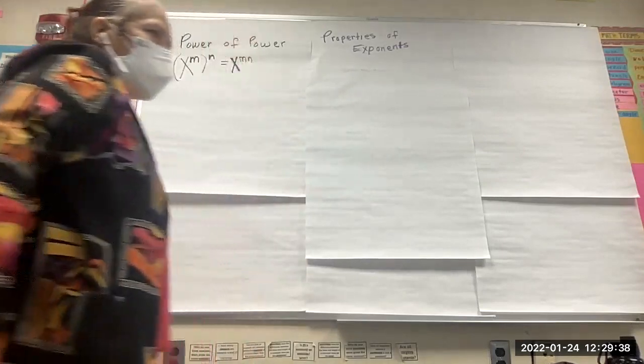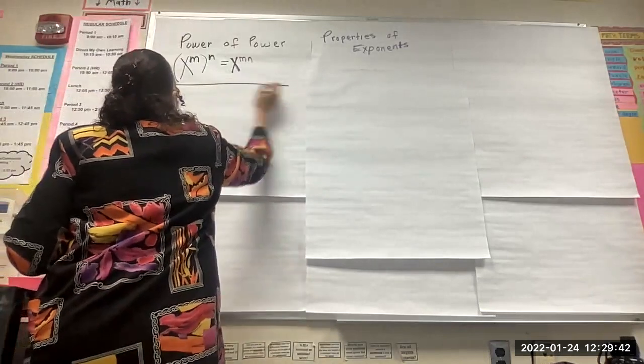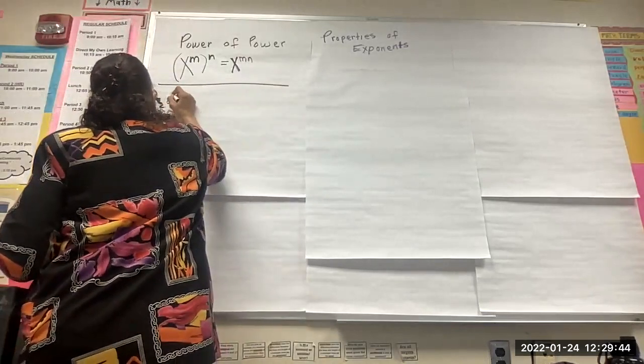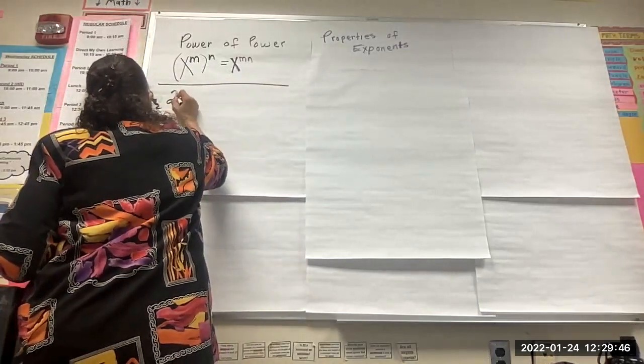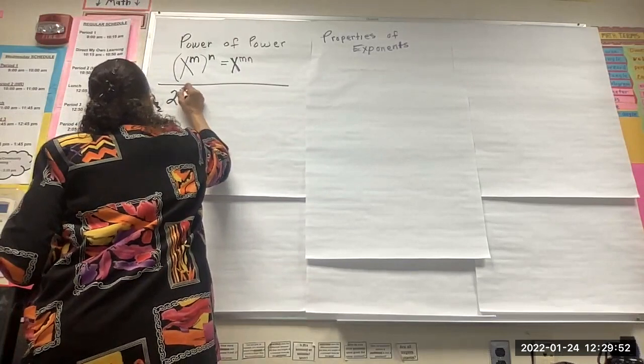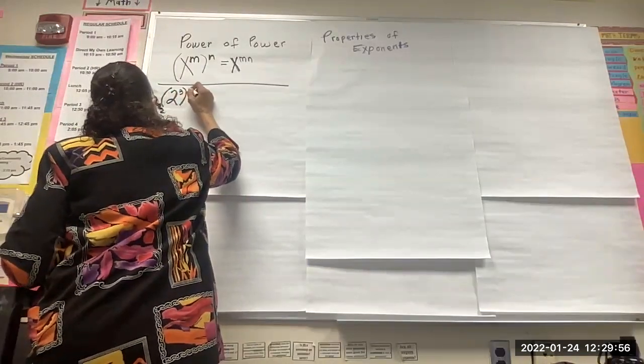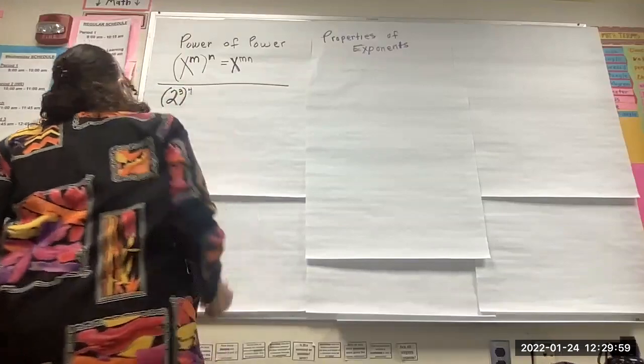Okay, now let's try that with some real numbers. If I gave you 2 to the power of 3, and then that 2 to the third has a power of its own, and let's say I take that to a power of 4.